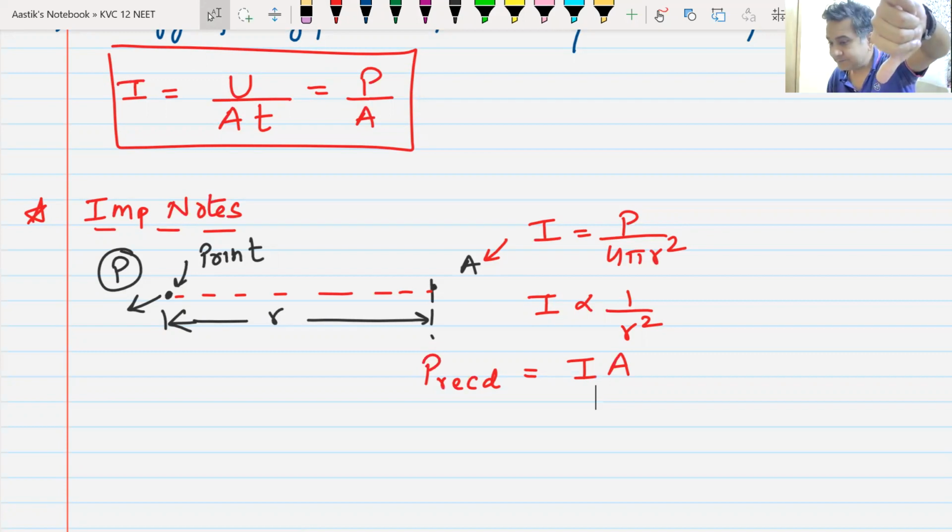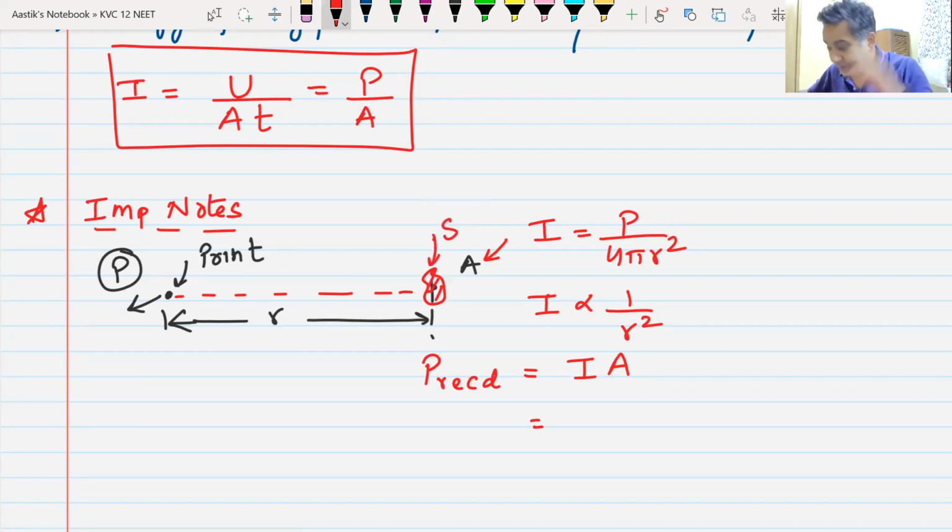If the area of this part is given as S, let me call the area as S, then the power received at this point will be P divided by 4 pi r square multiplied by S.